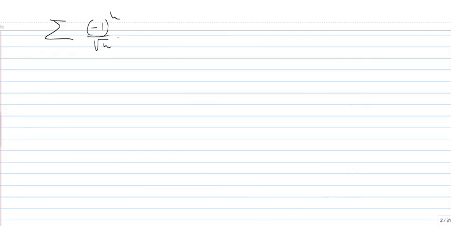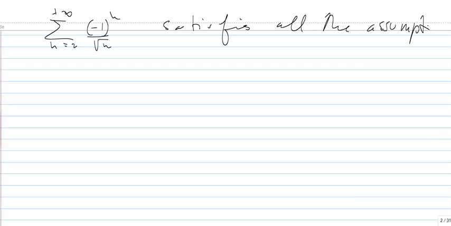So obviously the series sigma of minus 1 to the n over square root of n satisfies, for n between 2 and infinity, all the assumptions of the alternating series test.